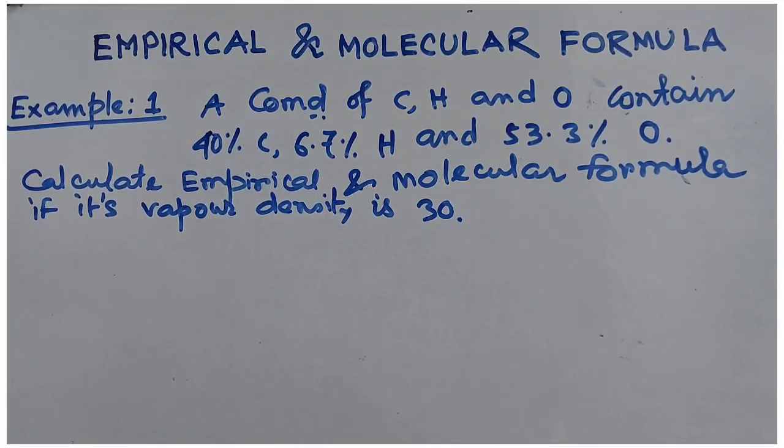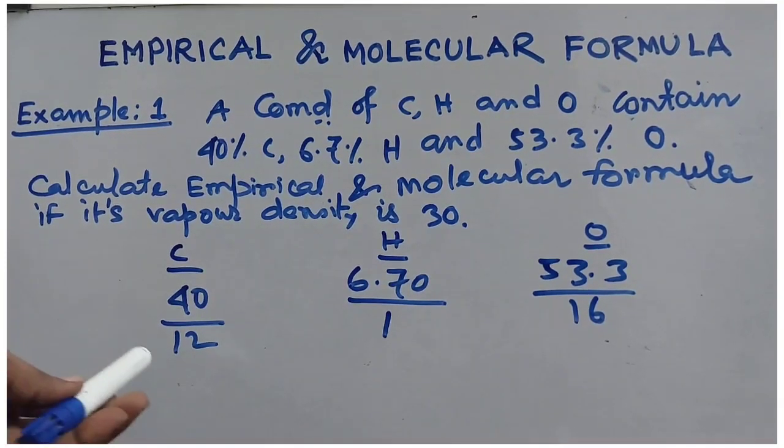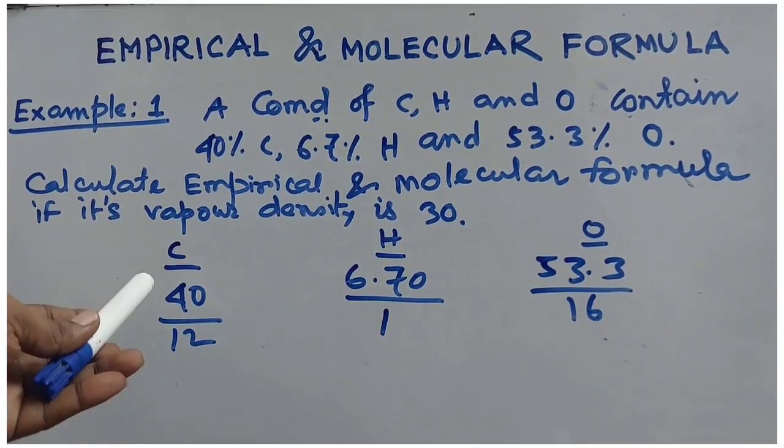Now at first, to calculate the empirical formula, we have to divide the percentage composition of each element by its own atomic mass. So here the percentage of carbon is 40 and its atomic mass is 12, therefore 40 by 12.